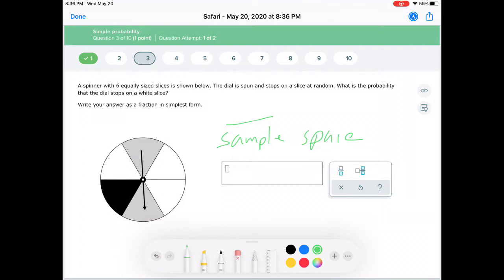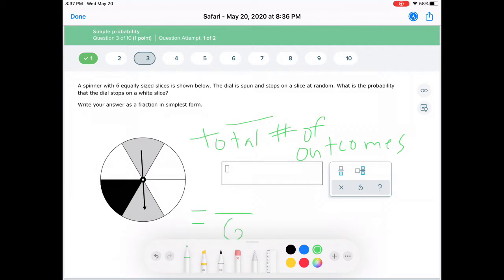I think a better way to think about this is the total number of outcomes. We can land on white, gray, or black, but out of that sample space, there are 6 things that could happen. So in this probability problem, the total number of outcomes is 6.